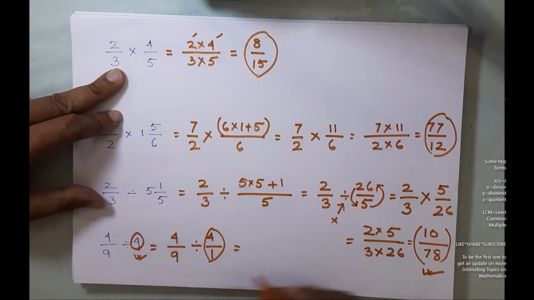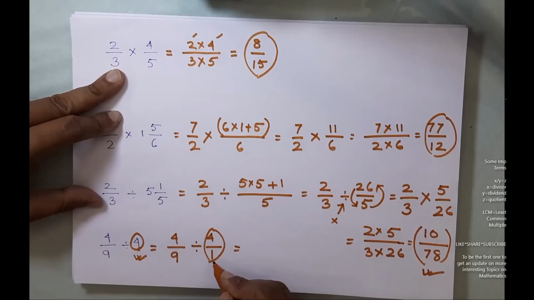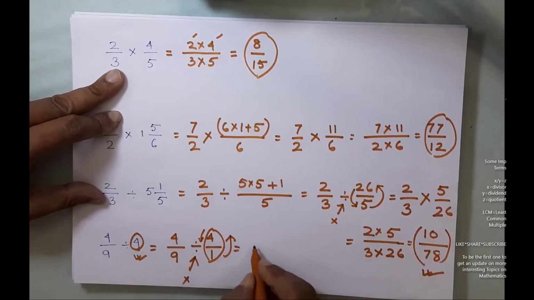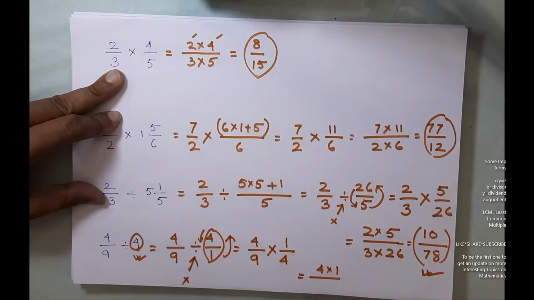Okay, now again the thumb rule: it will be a reverse. The numerator will go to the denominator position and the denominator will go to the numerator position, and this sign will be changed to multiplication. So it will be 4 by 9 multiplied by 1 by 4. So the answer will be 4 into 1 by 9 into 4.